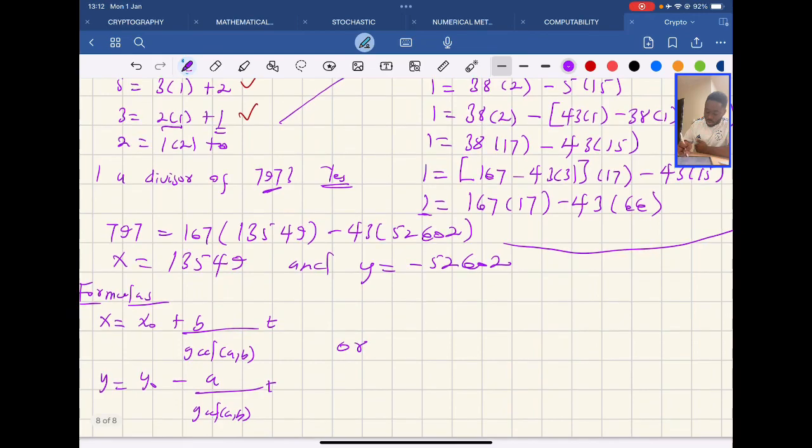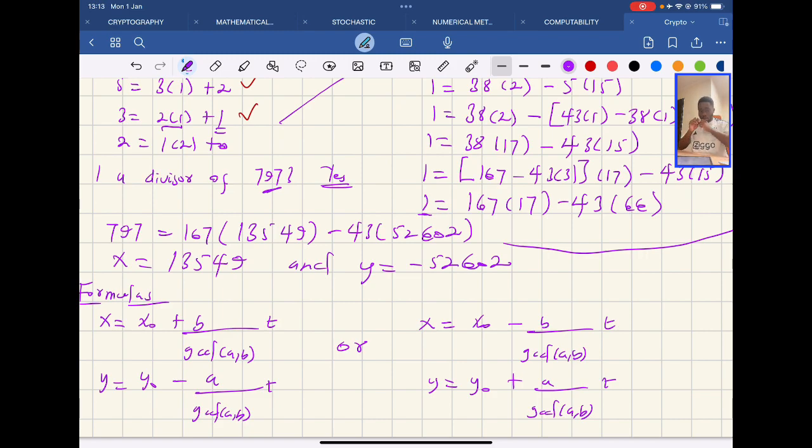Or we can also have x is equal to x naught minus b over the GCD of a and b times t, and y is equal to y naught plus a over the GCD of a and b times t. So it's either you use this or you use that.